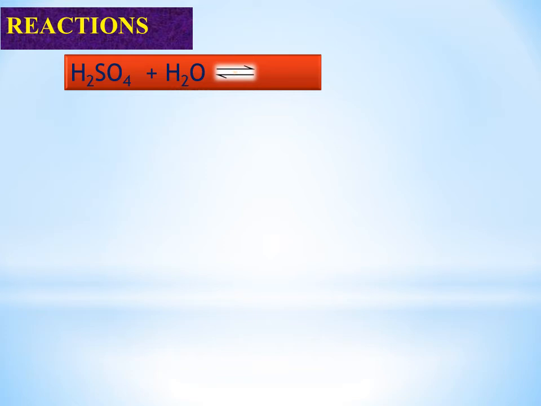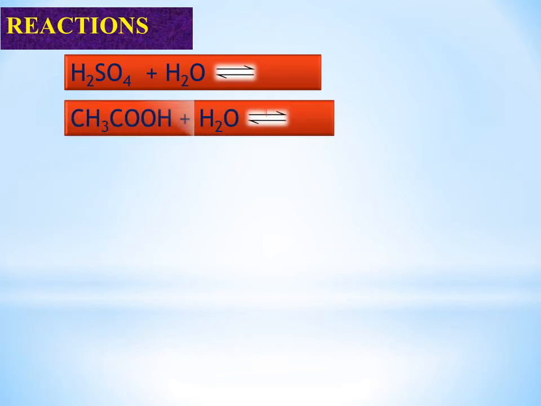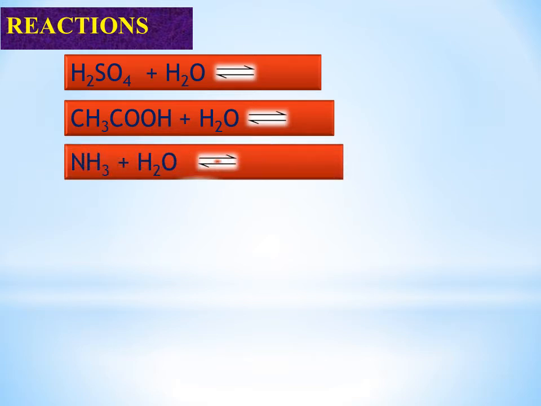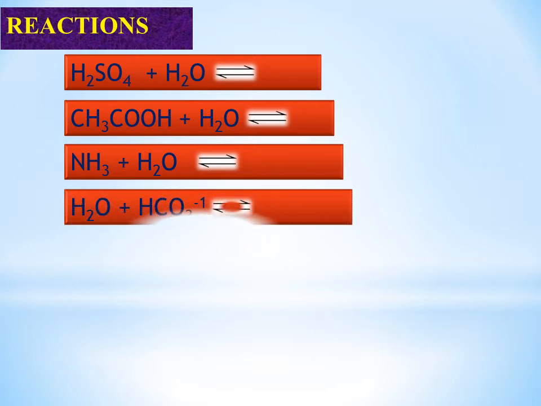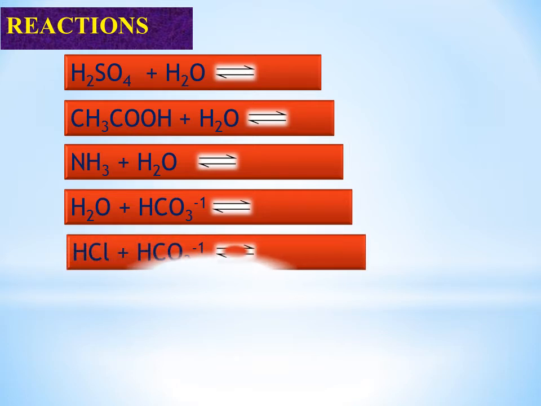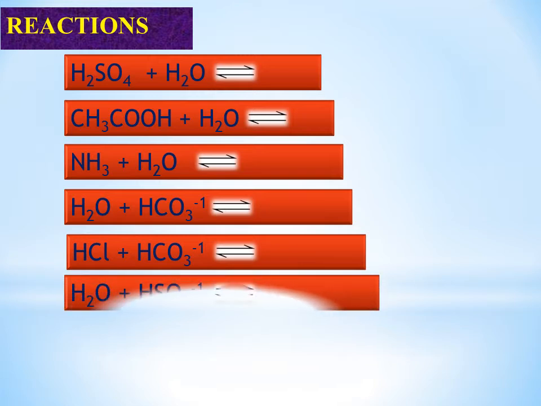The third one is when sulfuric acid reacts with water. The fourth one is the reaction of acetic acid and water. The fifth one is the reaction of ammonia and water. The sixth one is the reaction of water and bicarbonate ion. The eighth one is the reaction of hydrochloric acid with bicarbonate ion.